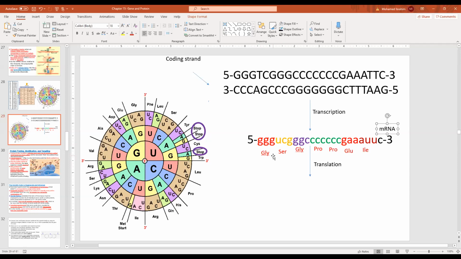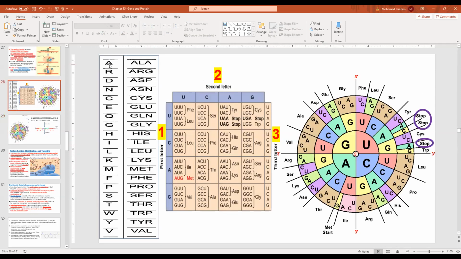Like here, glycine we have GLY, serine we have SER, proline we have PRO. Or there is something called the 1-letter code, 1 letter only. For example, alanine is an A, arginine is an R. If I ask you, after you do translation, to put it in 1-letter code for amino acids, you need to change each one of those to only 1 letter.